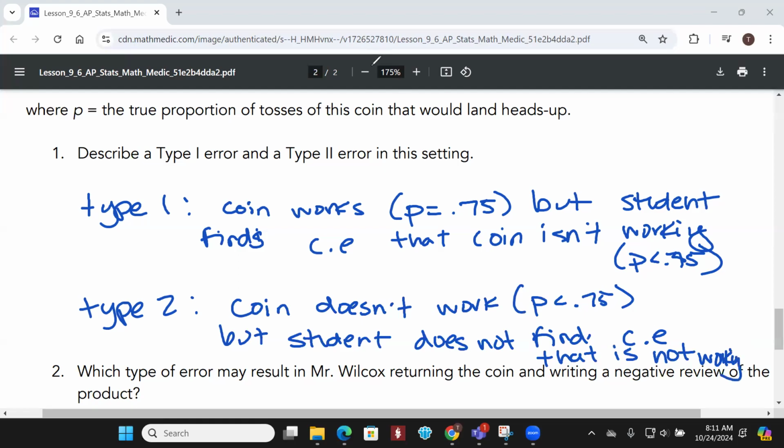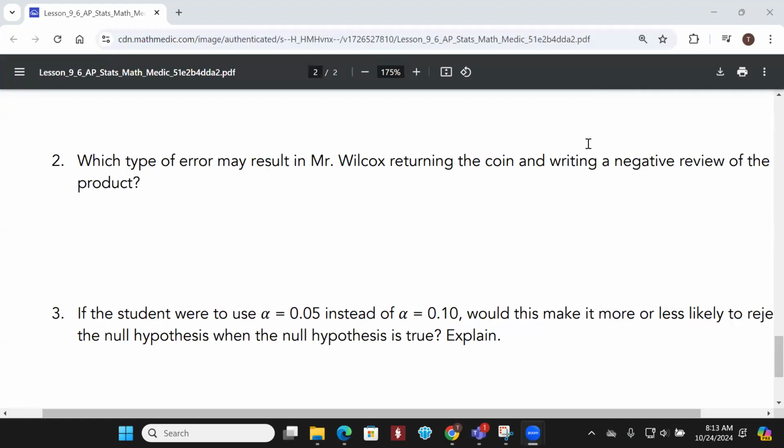Okay, so which type of error may result in Mr. Wilcox returning the coin and writing a negative review on the product? Type 1. Why type 1?